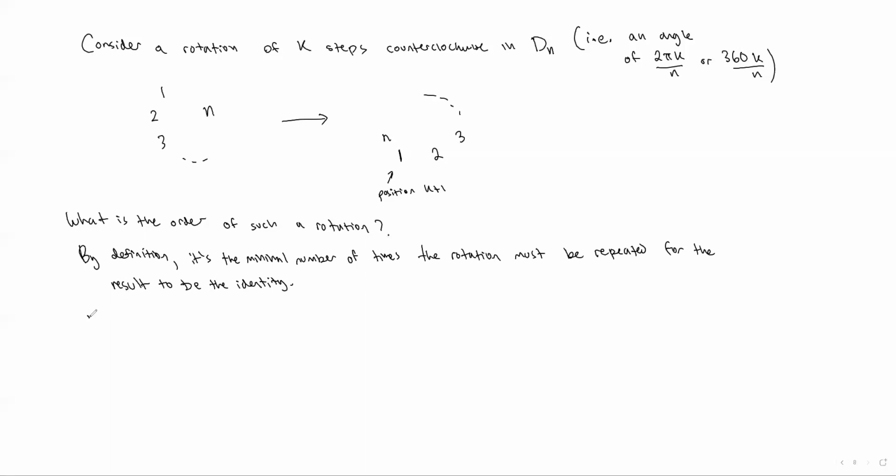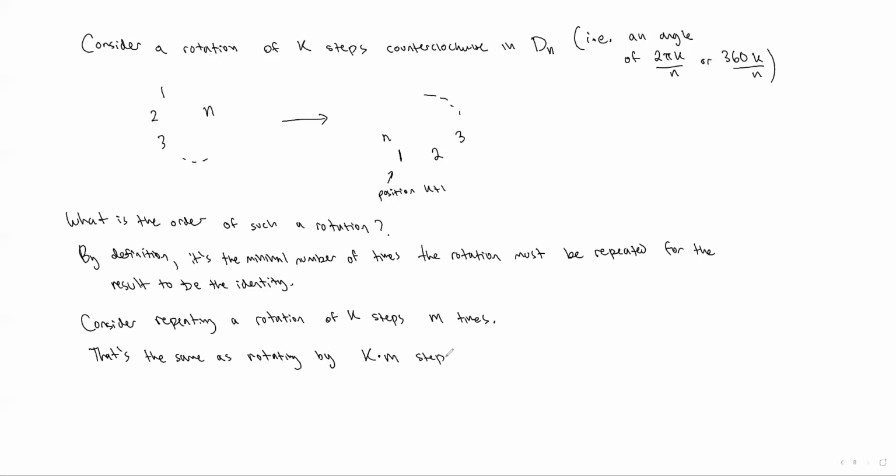So consider repeating a rotation of k steps m times. What happens if you repeat it m times? Well, that's the same as rotating by k times m steps counterclockwise.